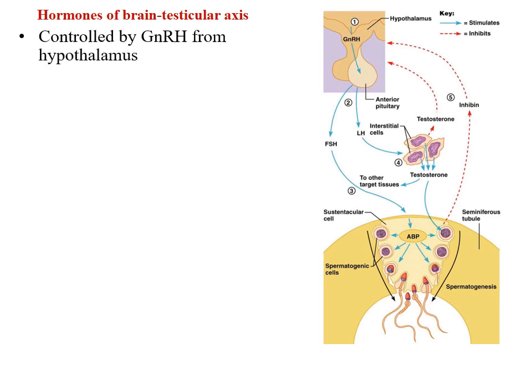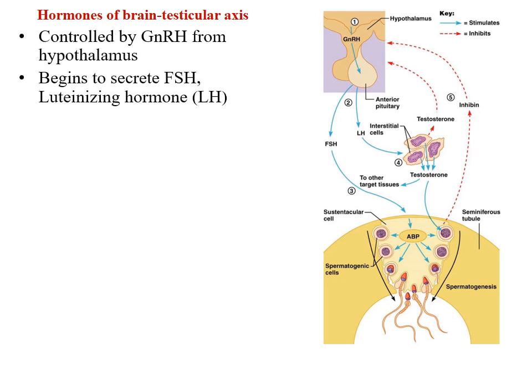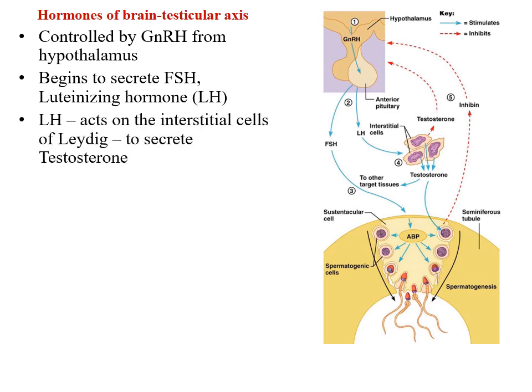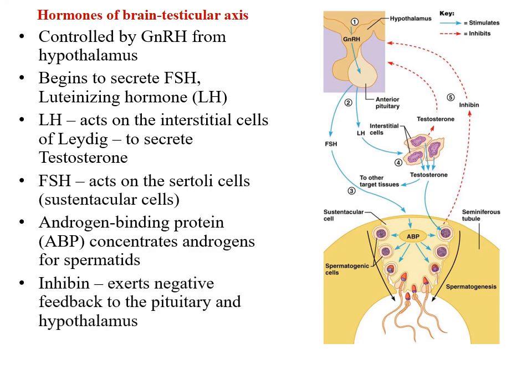Controlled by GnRH from the hypothalamus, the pituitary begins to secrete FSH and luteinizing hormone. LH acts on the interstitial cells of Leydig to secrete testosterone. FSH acts on the Sertoli cells. Androgen binding protein concentrates the androgen for the spermatid. So this is what this particular protein is doing.